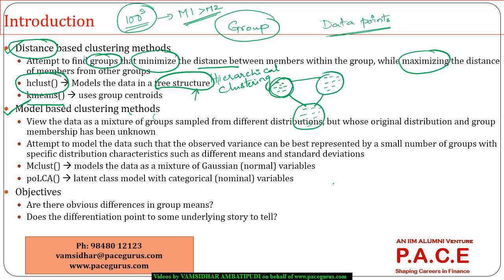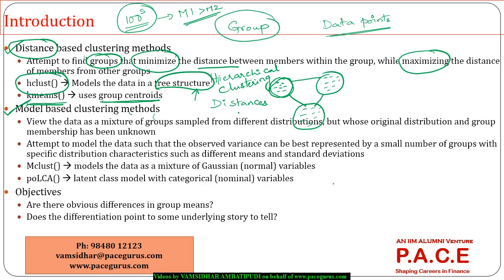Then we also have another kind of means based clustering, which is called k-means clustering. Instead of modeling the data in the form of a tree, it uses what is called a group centroid. And with respect to the group centroid, the distances are typically measured.